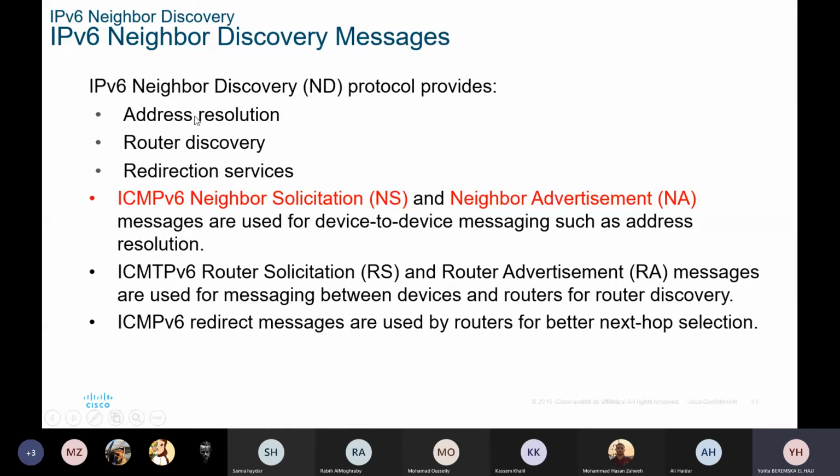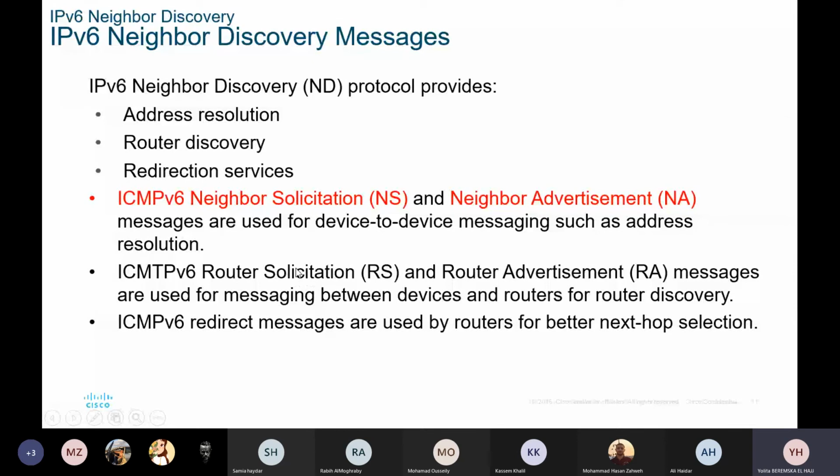Additionally, we have address resolution, router discovery, and redirection services. Address resolution is when a new device connects to an IPv6 domain, it will send a neighbor solicitation to get the addresses that are part of this domain. And neighbor advertisement is actually the reply to the neighbor solicitation, and it includes the addresses that will be given to the requesting device.